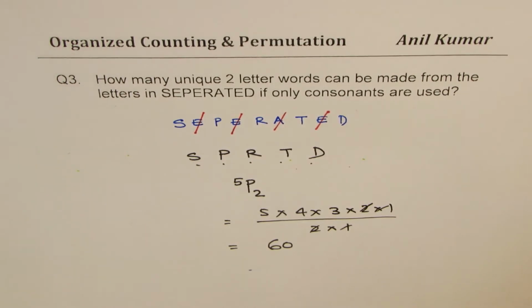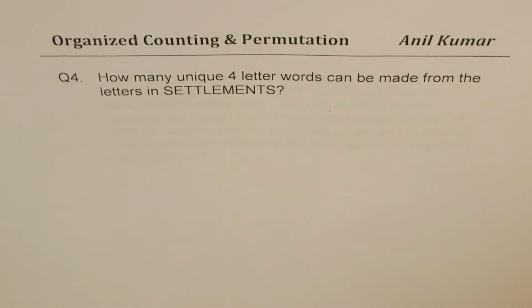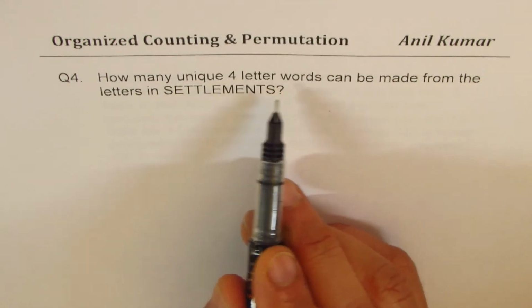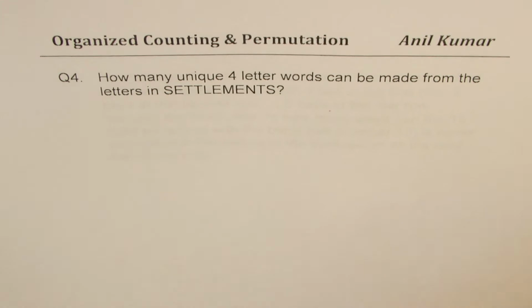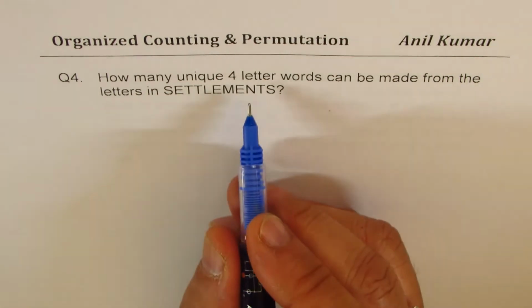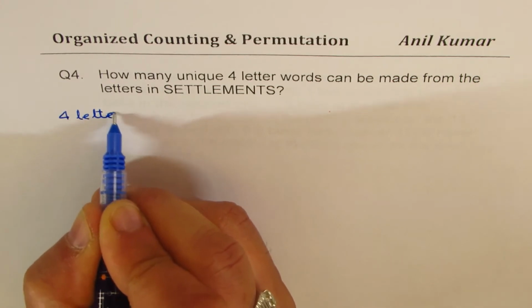Now let's move on to the next question, which is question number 4. How many unique 4-letter words can be made from letters in SETTLEMENTS? So we need 4-letter words.